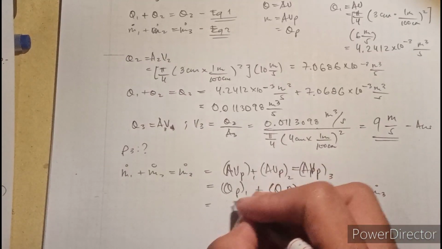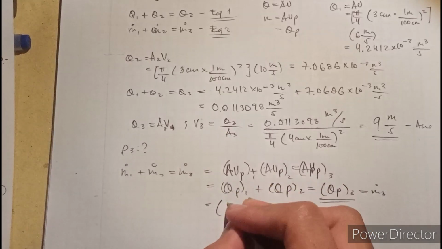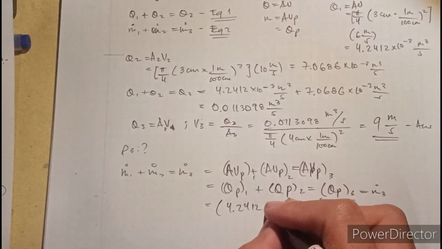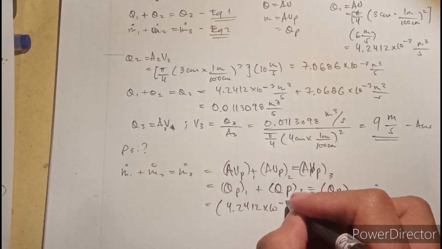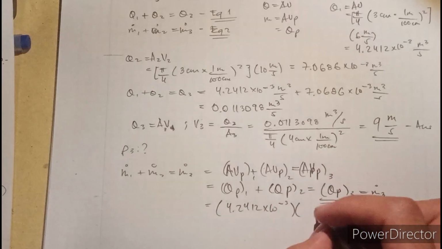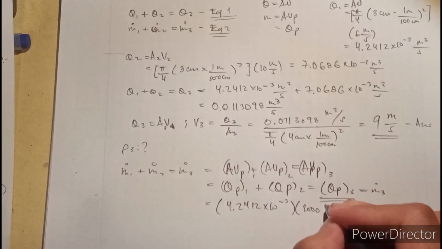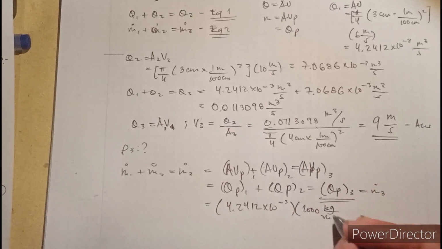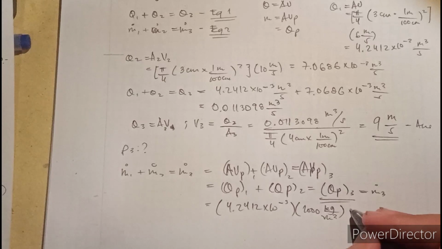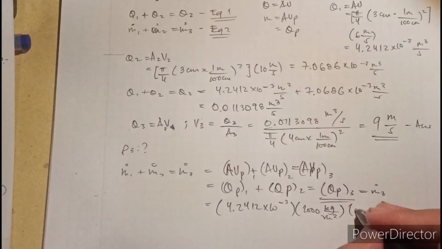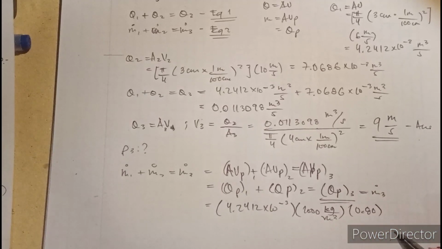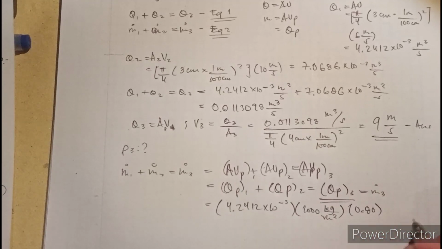Now solving it, Q1, 4.2412 times 10 to the negative 3. Since alcohol from pipe 1 has a specific gravity of 0.80, we multiply it by density 1, which is the density of water.